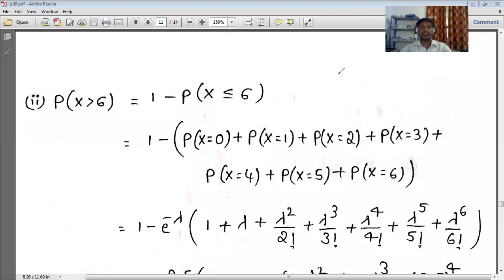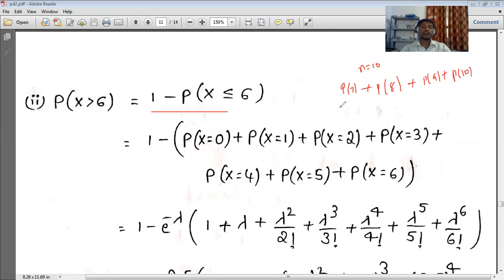In binomial distribution, if suppose n is equal to 10, we have two ways to solve this. One way is this one, or another way is that more than 6 is simply P of 7 plus P of 8 plus P of 9 plus P of 10. So these things we can calculate and simplify in binomial.